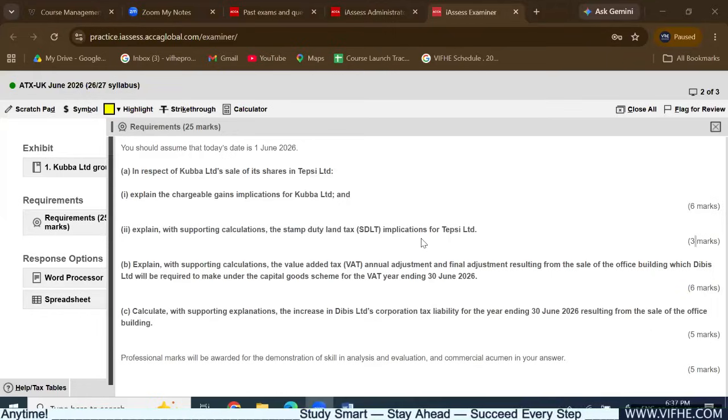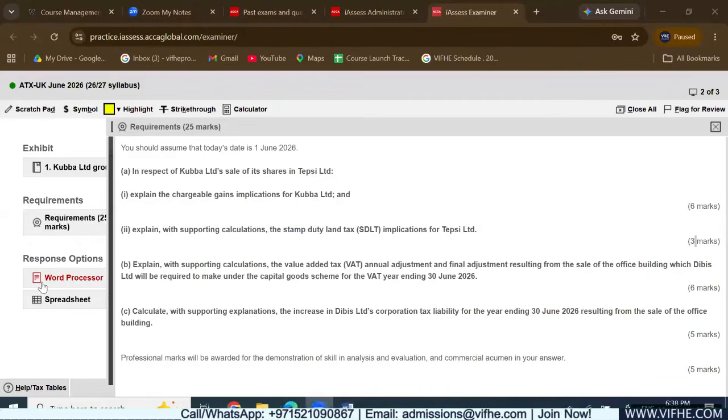But even if it's such a meager calculation, if you think it is going to be easily manageable using the spreadsheet, then the choice is yours. This is not something on which you will be losing marks. But yes, the explanation is something which is always done on the word processing document.